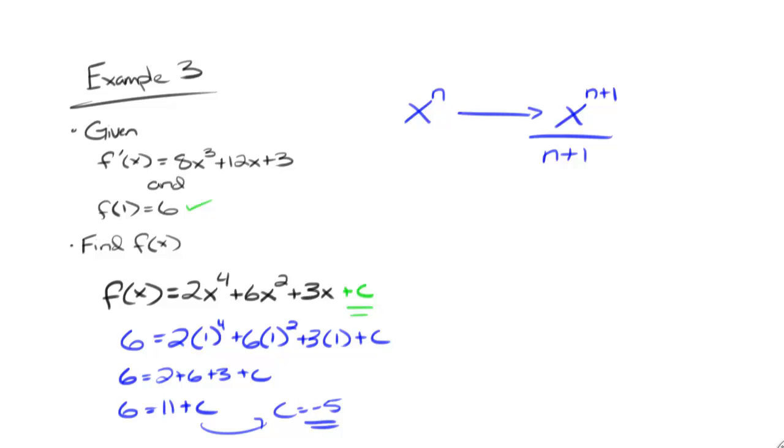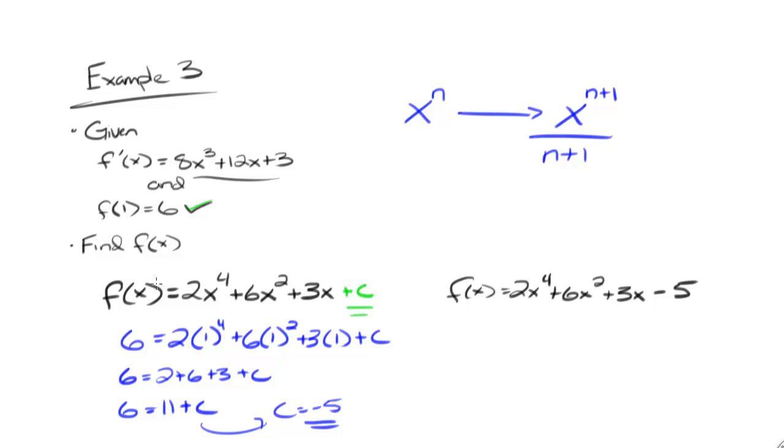So what do we get then? We get that the original function f of x must be 2x to the fourth plus 6x squared plus 3x minus 5. Again, if I differentiate this, I'll end up with f prime of x being this right here. And also, if I plug in a 1 to this function, it will give me out a 6, like I just verified there.